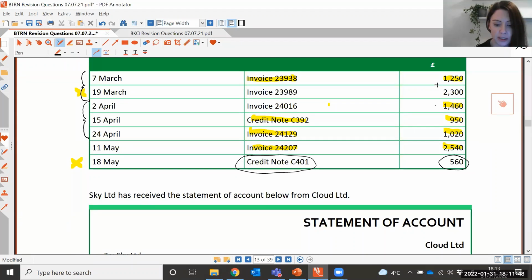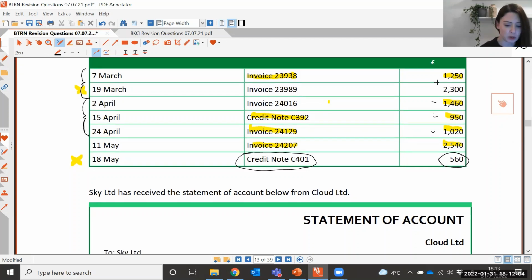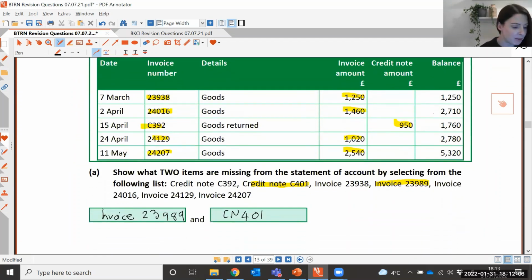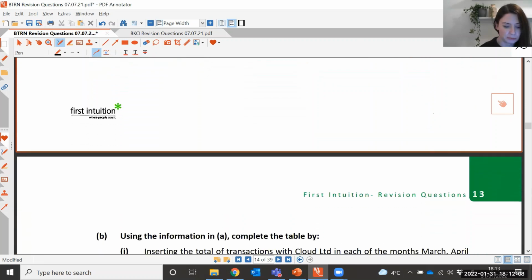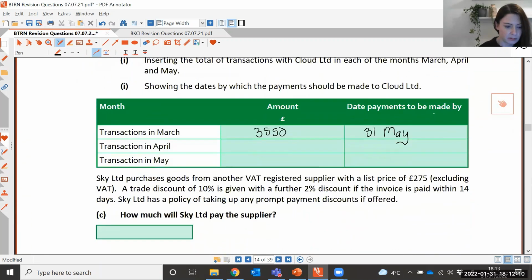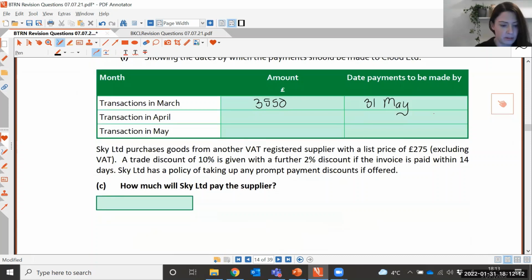So you've got an invoice of 1,460 plus an invoice for 1,020, and then we need to deduct the £950 credit note. So it should be 1,530. Yeah, for the end of June. So the 30th of June, good.